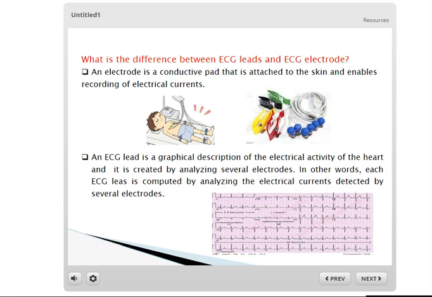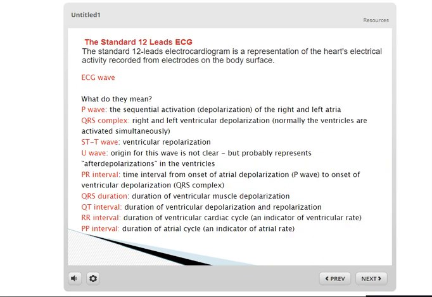The ECG leads provide different views of the heart's electrical activity depending on the positioning of the electrodes. Common ECG leads include lead 1, lead 2, lead 3, aVR, aVL, aVF, and the precordial leads V1 to V6. The standard 12-lead ECG represents the heart's electrical activity recorded from electrodes placed on the body surface. It provides 12 different views of the heart's electrical activity.